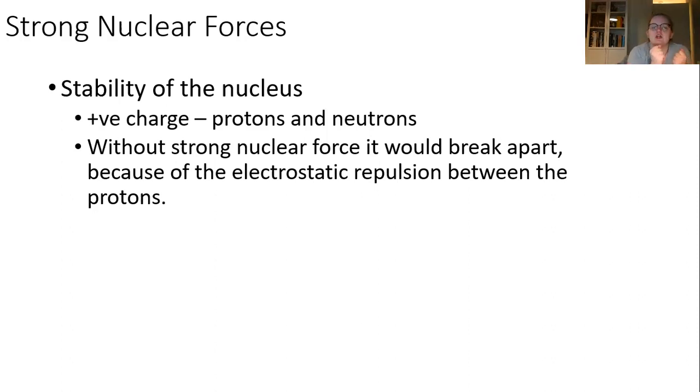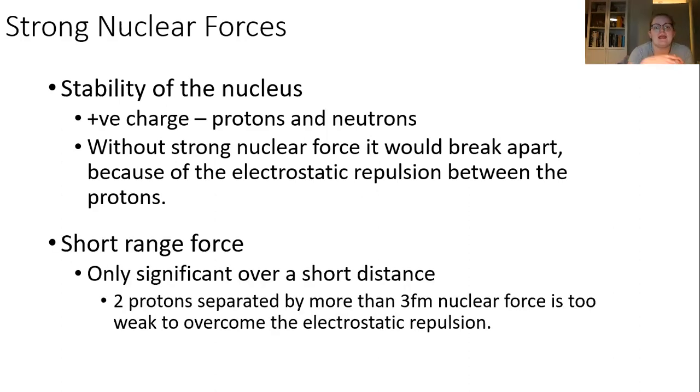So we have this nuclear force, which keeps our nucleus together and overrides this electrostatic repulsion between the protons. It is a short range force, so it's only significant over a really short distance. Two protons that are separated by more than 3 fm, the nuclear force is too weak to overcome that electrostatic repulsion.